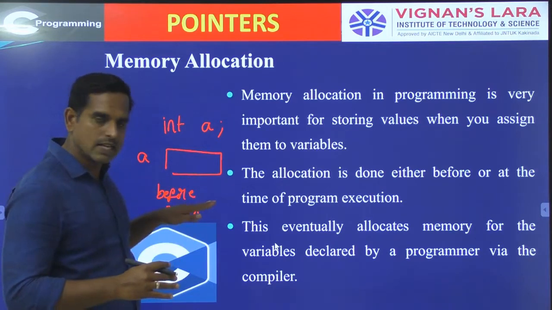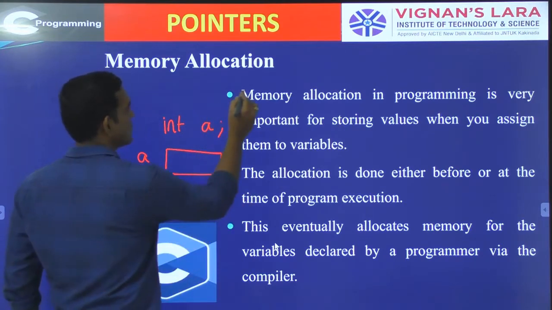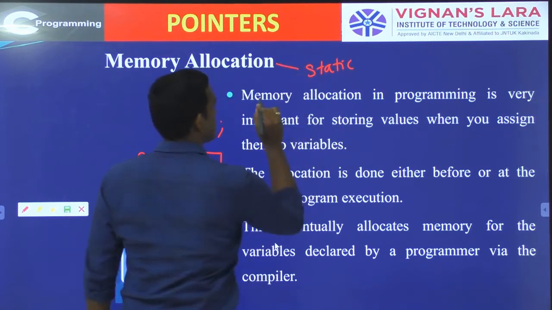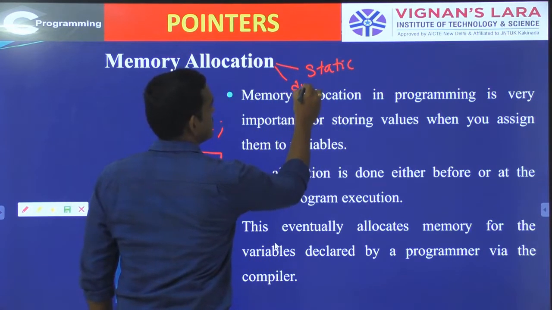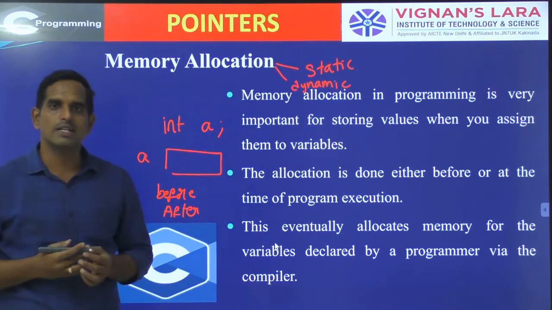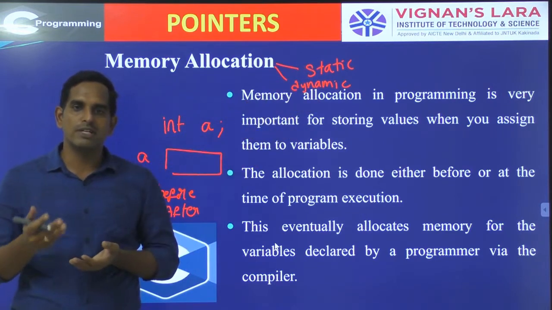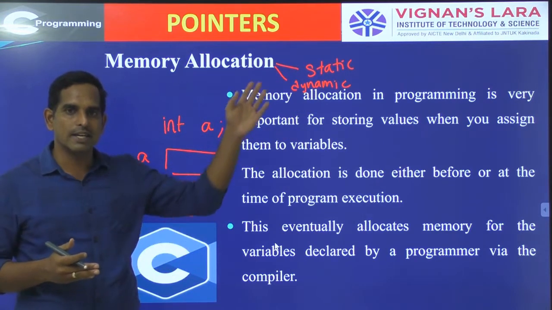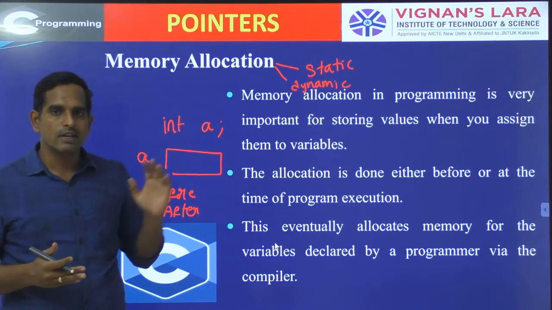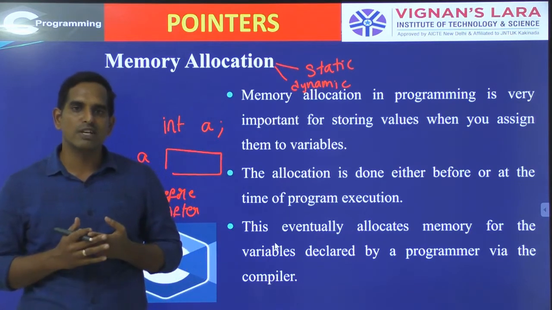When the memory is assigned before the program execution, we will be calling it static memory allocation. When it is done during the program execution, we will be calling it dynamic memory allocation. So the static memory allocation will be done during the compilation time, and the dynamic memory allocation will be done during the runtime.